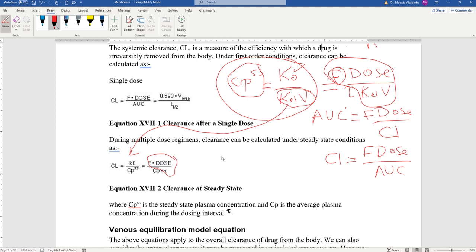طيب, another thing which is also important for you to know is that when you administer a drug, you know that drugs can bind to plasma proteins. معناته I have drugs, okay, these are the drugs, and here I have plasma protein.